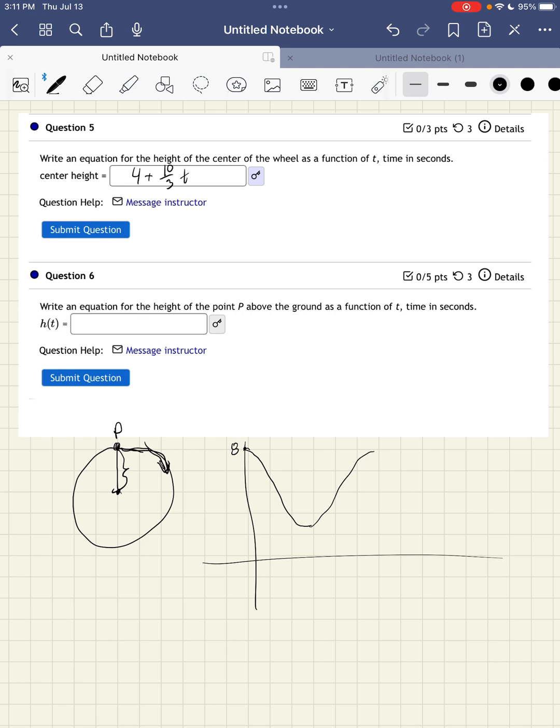So this looks like it's a cosine function. So I'm going to say this is cosine.